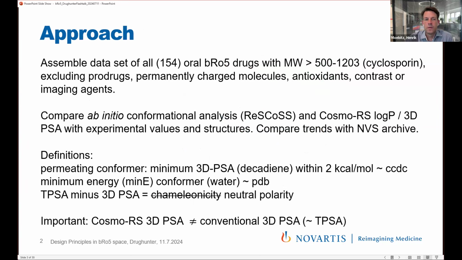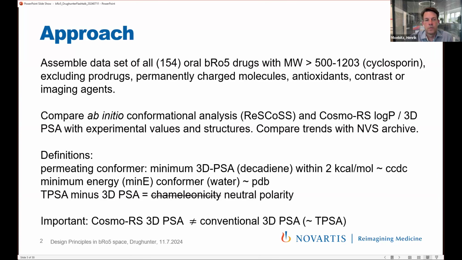The bulk of this talk is based on an ab initio conformational analysis, and more on that on the next slide. And then the COSMO-RS logP and 3D PSA are compared between experimental values and structures, and we then extend that comparison to all compounds in the Novartis archive with measured permeability and logP.